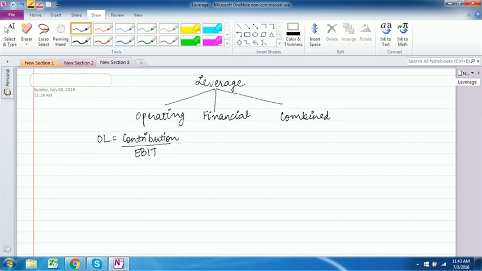What does degree of operating leverage measure? It measures the sensitivity of operating income in respect of change in revenue or change in sales. Now, how do you calculate degree of operating leverage? It can be calculated as percentage change in EBIT divided by percentage change in sales.